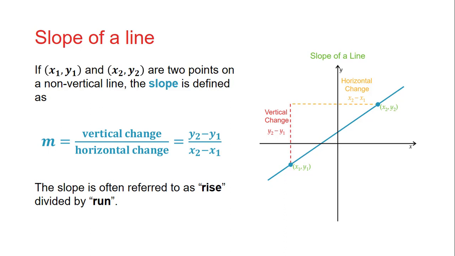So this quotient is going to give us a numerical measure of the steepness of the line. It is also often referred to as rise divided by run.